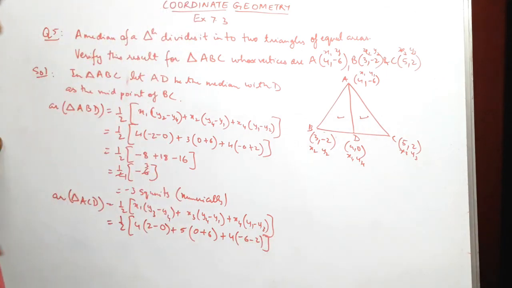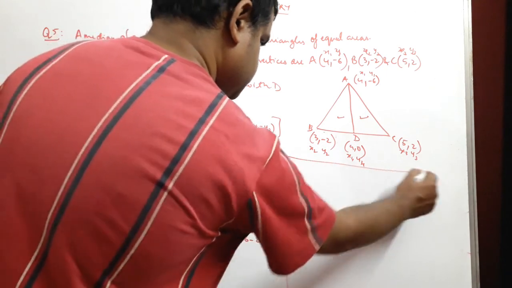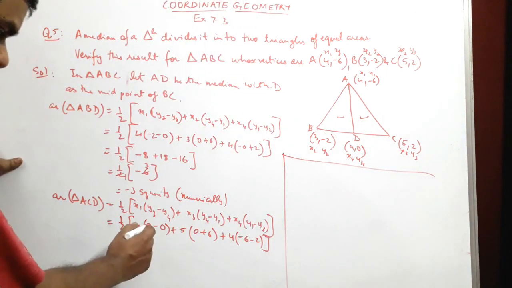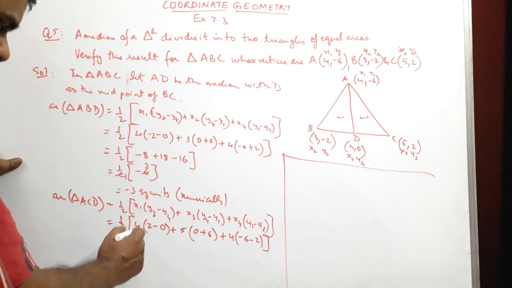Close the brackets. Solve the remaining over here. So 2 minus 0 gives us 2, 2 into 4 is 8.